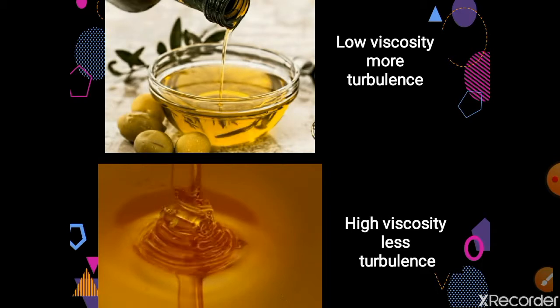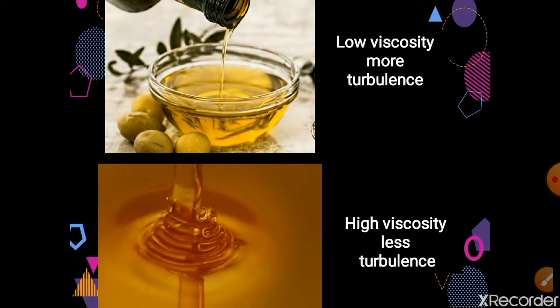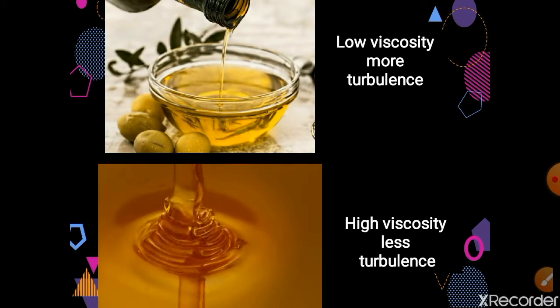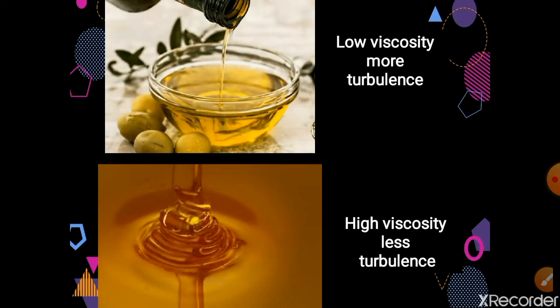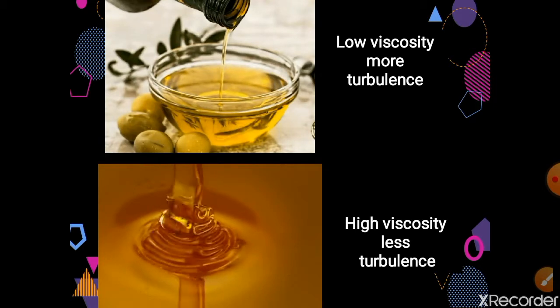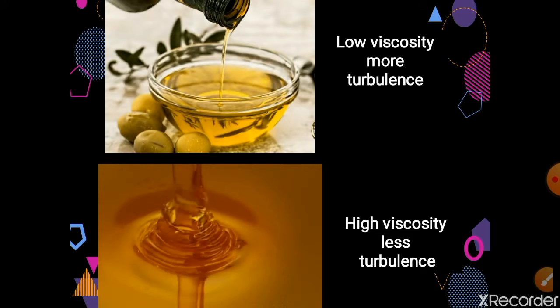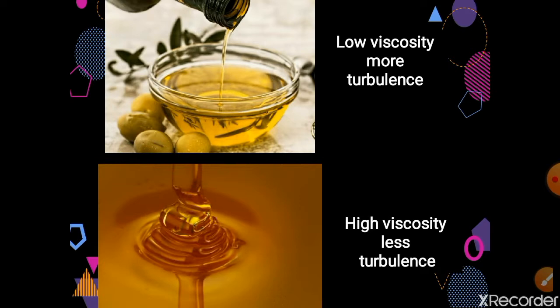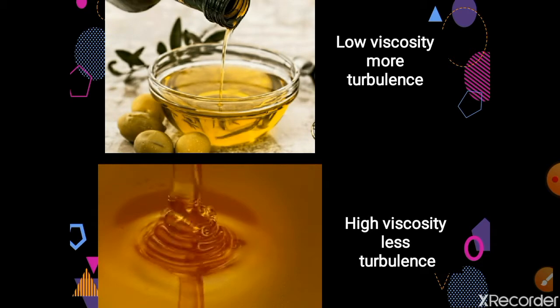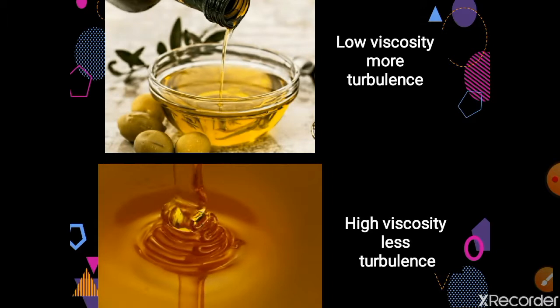Here you can see two fluids. Both of these fluids have different viscosity. The fluid in the first panel is olive oil, which has low viscosity, while the second fluid is honey, which is highly viscous. Now imagine trying to pour olive oil into a vessel.